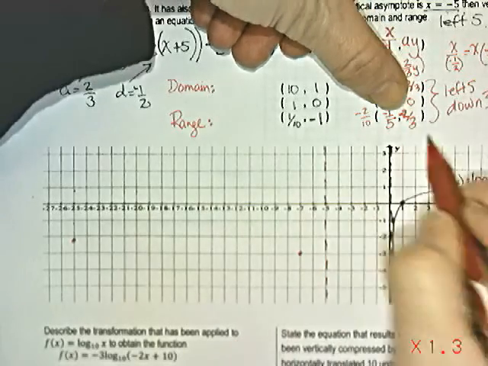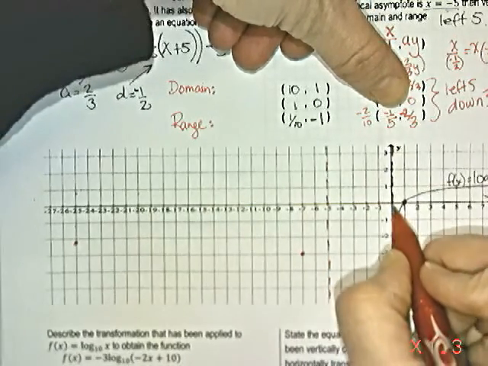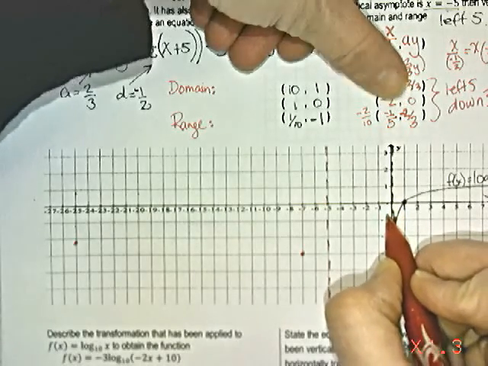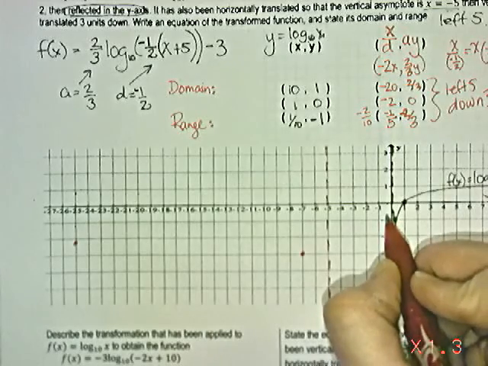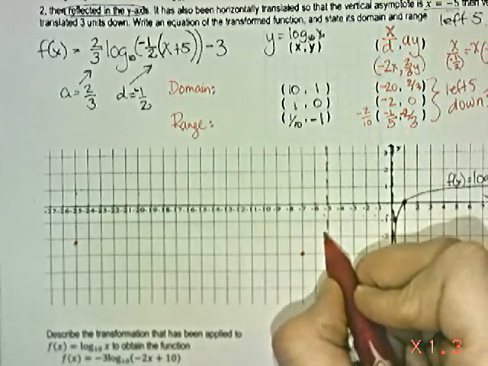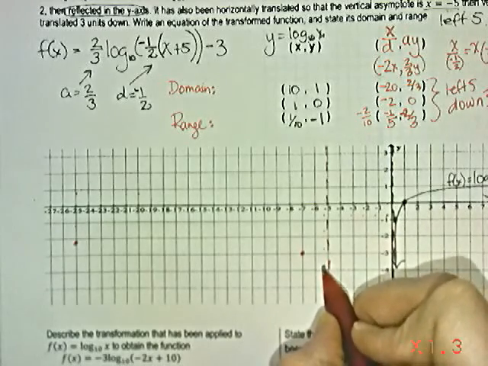And finally, my final base graph dot, -1/5, so maybe about there, and down 2/3, so about there, and I need to go left by 5, 1, 2, 3, 4, 5, 1, 2, 3.